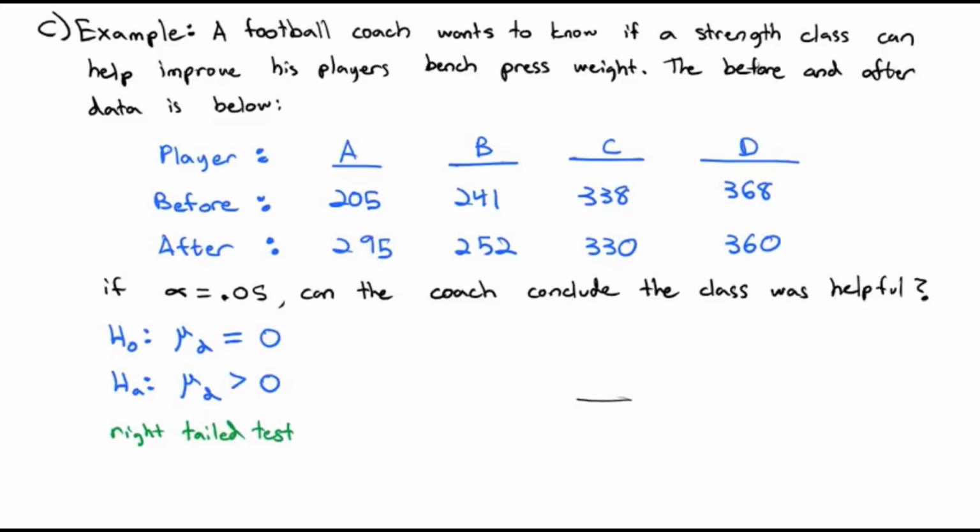If we were to draw a picture of this, the hypothesized difference is 0. Somewhere over to the right, we hope to see improvement. And we hope that right tail shows there was enough improvement out of the class.